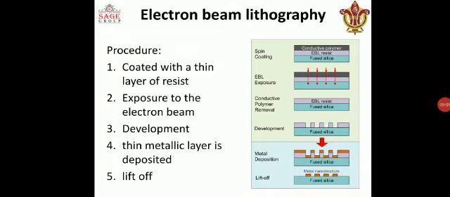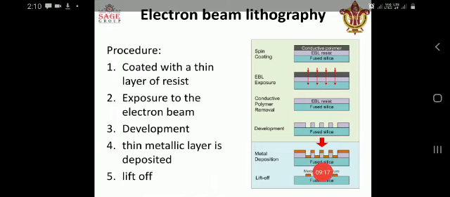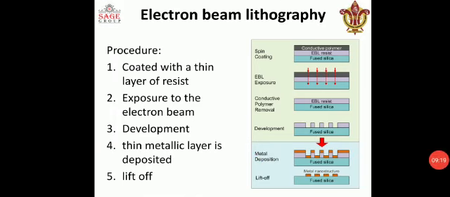After the removal of the exposed resist, a thin metallic layer is deposited on the substrate. On the area exposed to the electron beam, the deposited metal sticks to the substrate, while on the unexposed area the metal sticks to the resist surface.